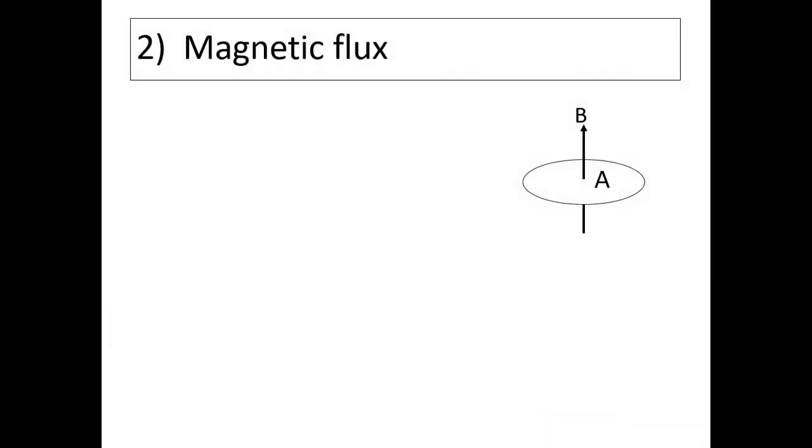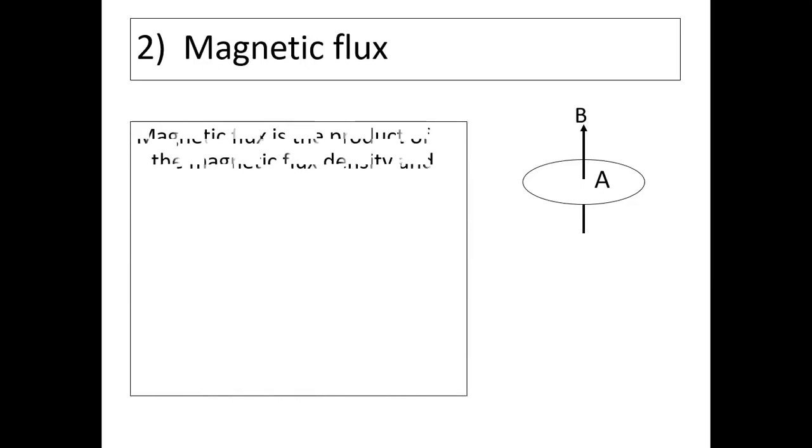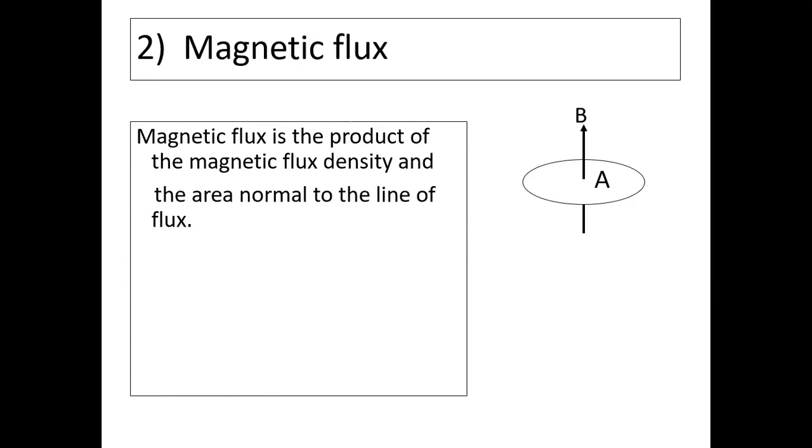First, in every topic, we will define new terms. You have to learn new vocabulary. Magnetic flux is the product of magnetic flux density and the area normal to the line of the flux.